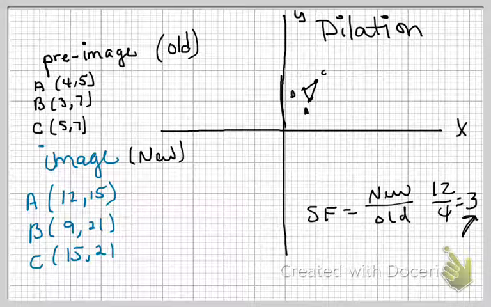Alright, now I'm going to graph the new image, and we're going to see what it looks like. Alright, so it's 12 and 15. 5, 10, 15, so it goes right here. And then 9, 21 would be up here.